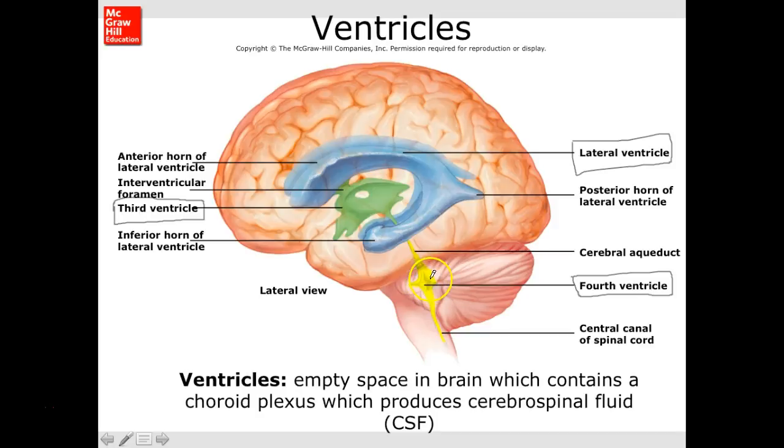And from there, you don't see it in this image, but we have 3 different apertures in which it can go and basically start coating the brain in this cerebrospinal fluid to nourish it. And the last place it moves out of is the central canal of the spinal cord. Okay, so it can bathe the spinal cord as well.